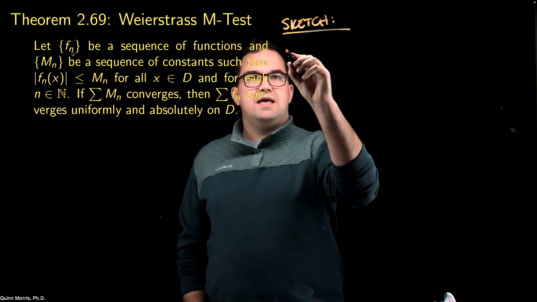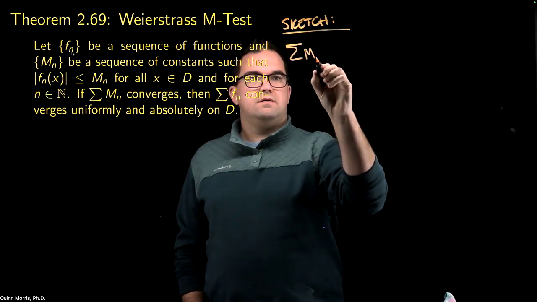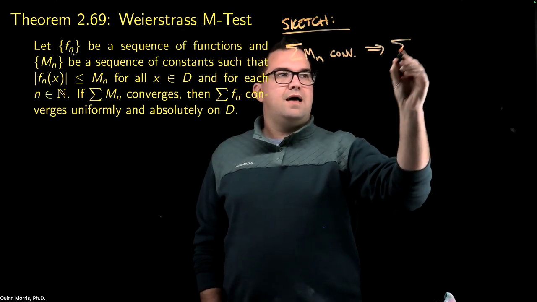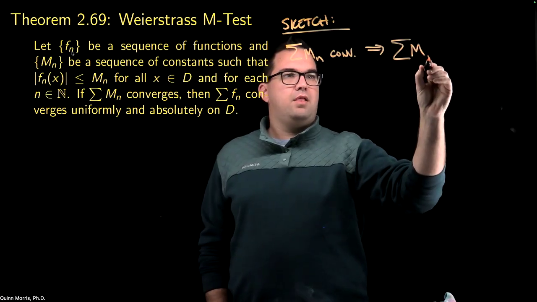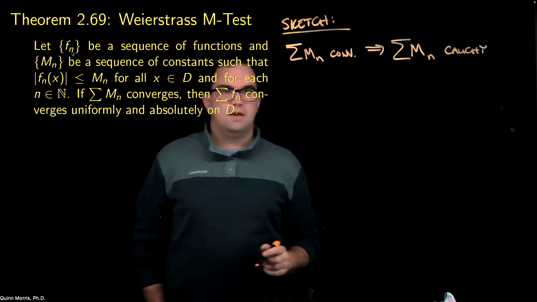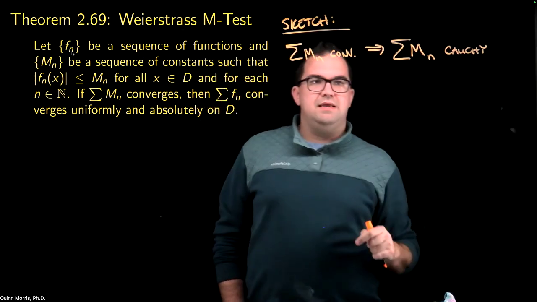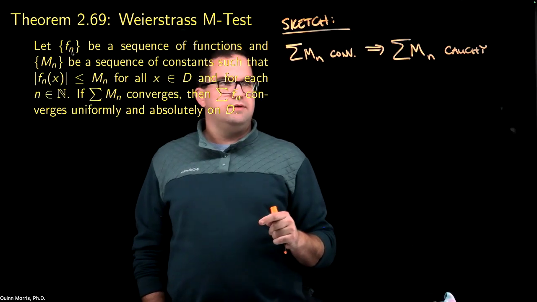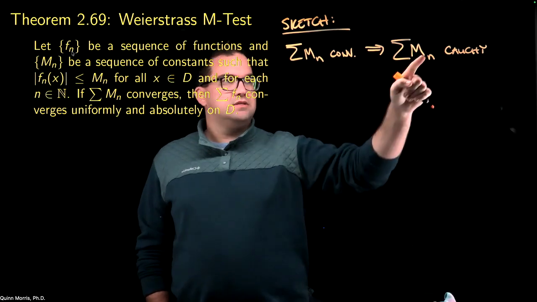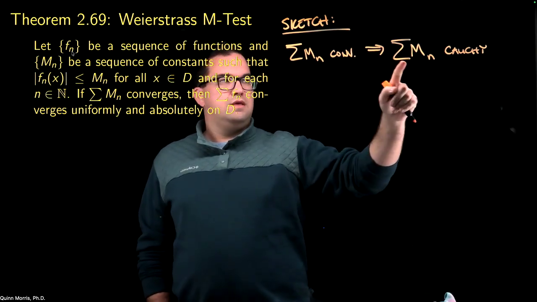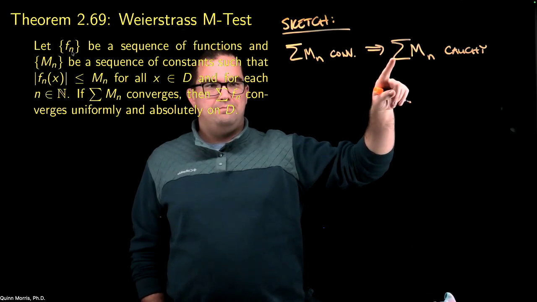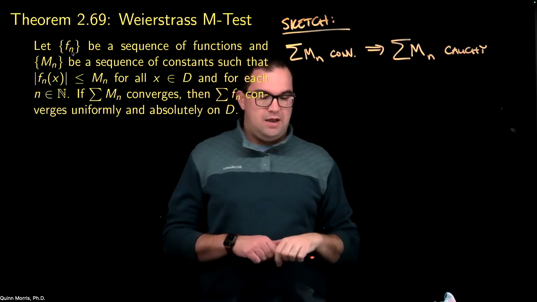The idea is that since this series converges, the Cauchy criteria implies that it is also Cauchy. Well, what does it mean for this series to be Cauchy? It means that if I look at the difference between the nth partial sum and the mth partial sum, I can make that difference as small as I would like.